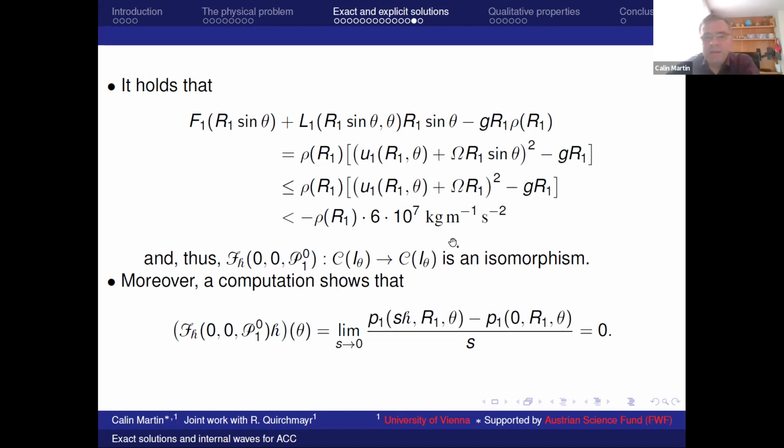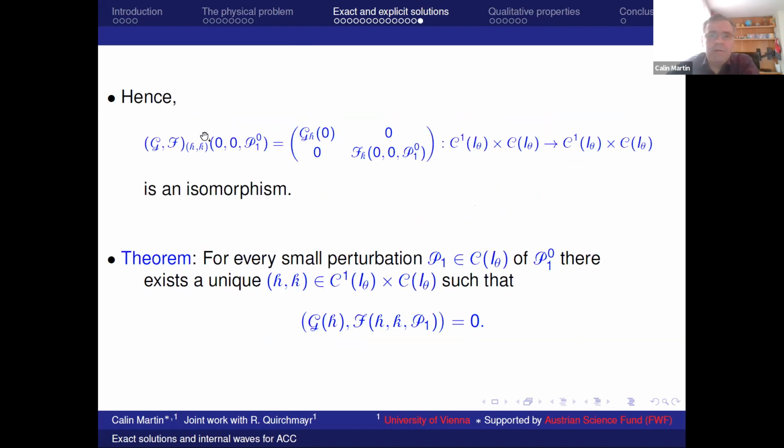And for the other two entries in the 2x2 matrix, we find that they are 0, and therefore this matrix in this ground state is equal only to this diagonal matrix. Both of these entries are isomorphisms. Therefore, the matrix as a whole is an isomorphism.